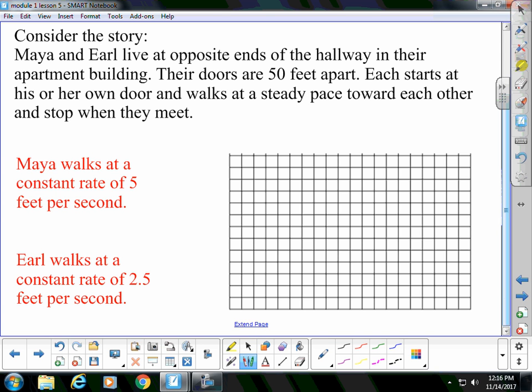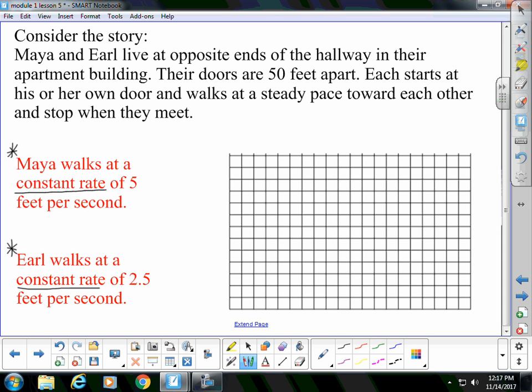Okay, two pieces of information that are missing, and very important to this story, are how fast they are walking. So I've added this information off to the side right here. Maya is walking at a constant rate of 5 feet per second. And the second piece is Earl is walking at a constant rate of 2.5 feet per second. Whenever we tell you that it's a constant rate, what we're actually telling you is a slope.